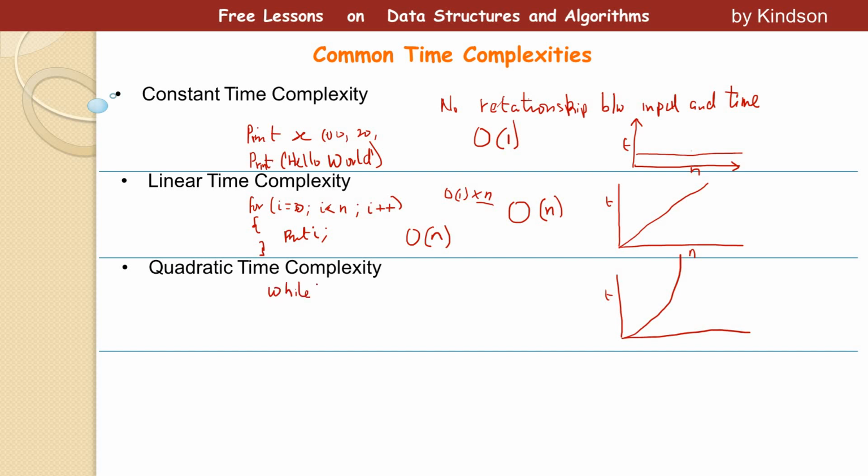When we have a nested loop, while i is less than n, while j is less than n, then we have print i times j, end while. So in this case we have a nested loop, the internal loop takes n, the external loop takes n, and that means it's order of n squared.